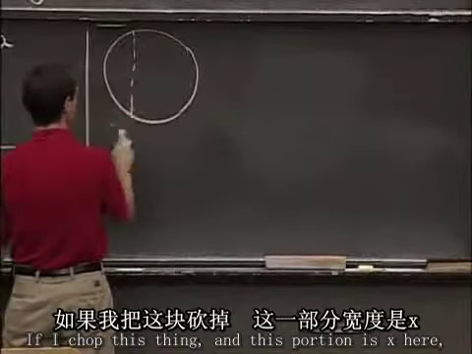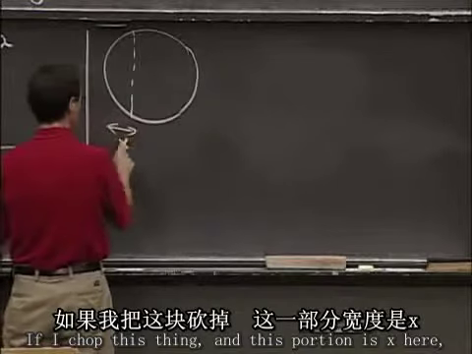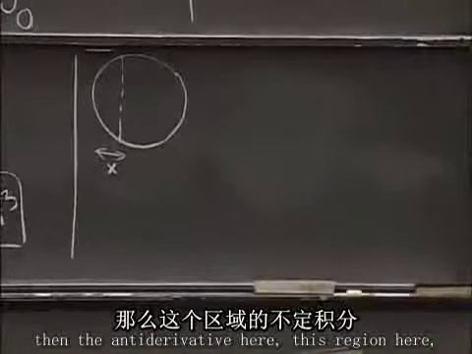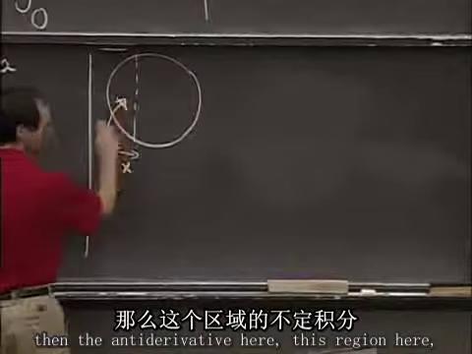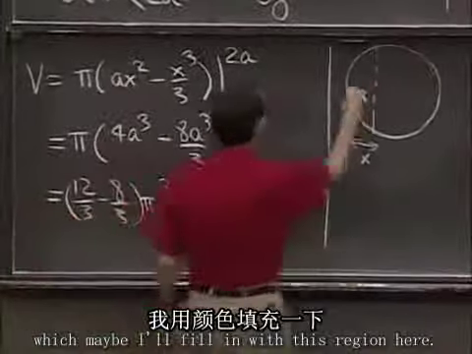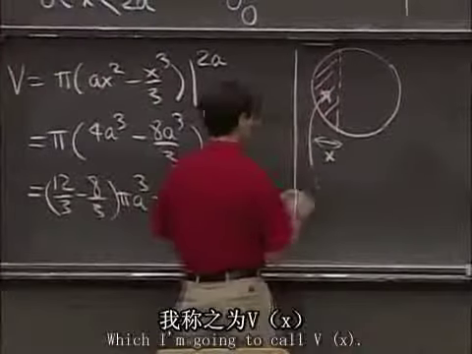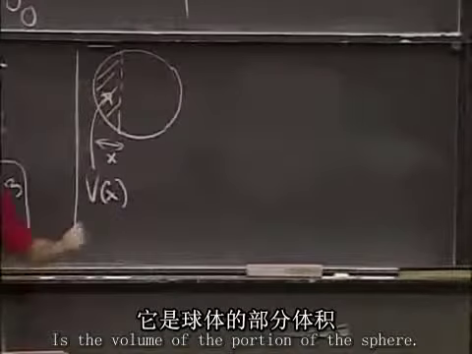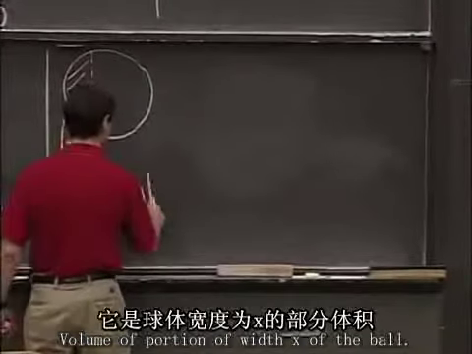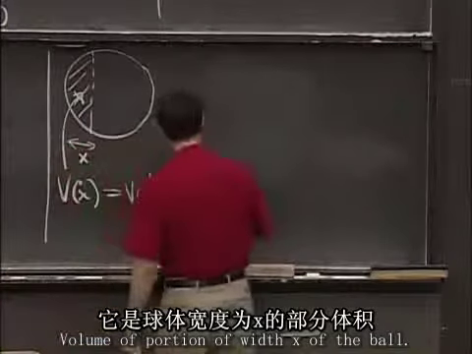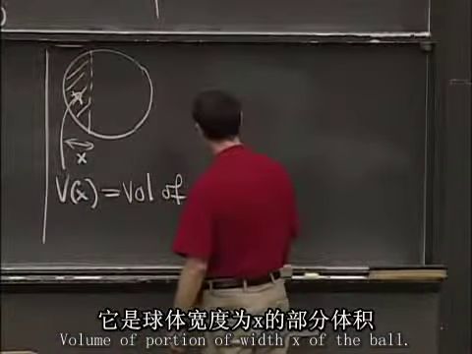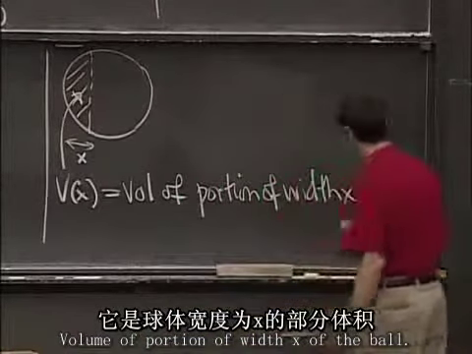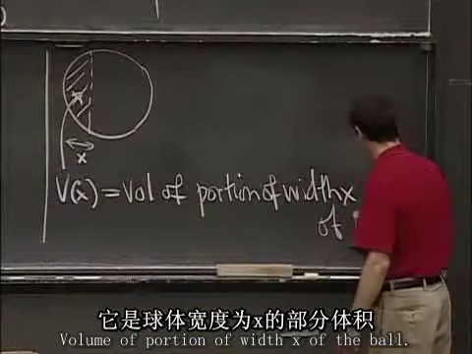If I chop this thing, and this portion is x here, then the antiderivative here, this region here, which I'll fill in, is what I'm going to call v of x, the volume of the portion of width x of the ball.